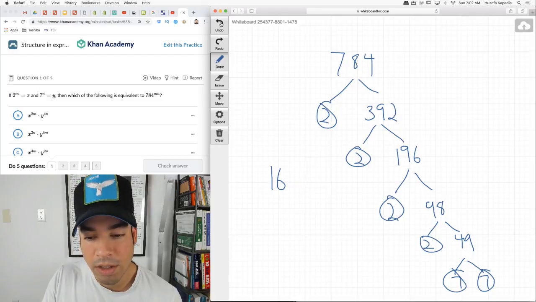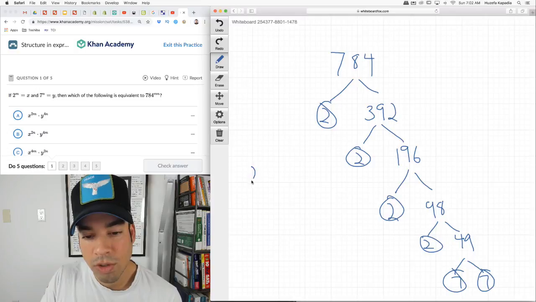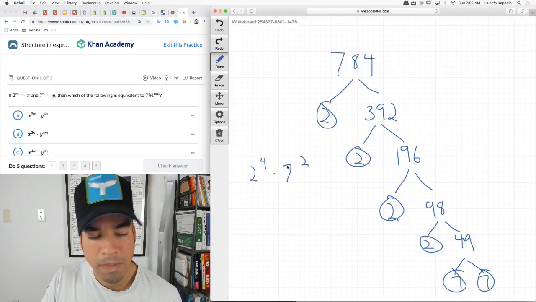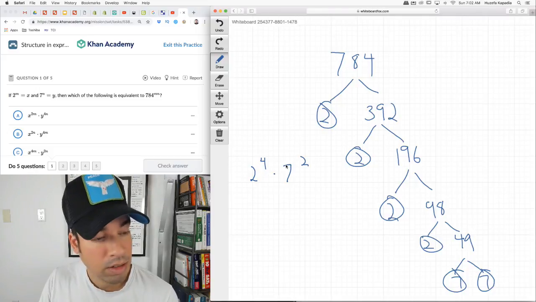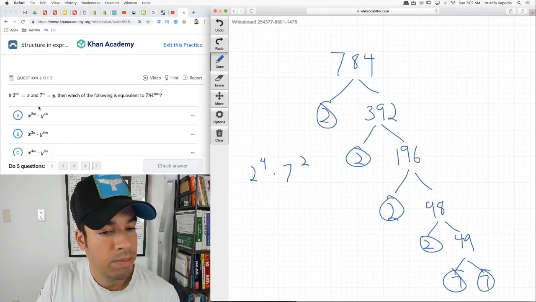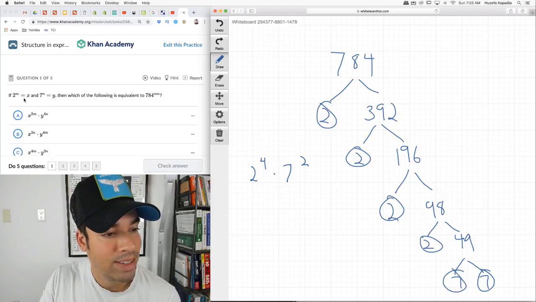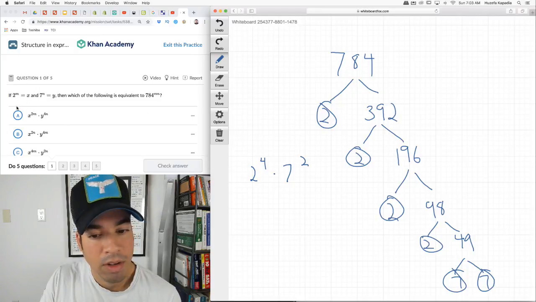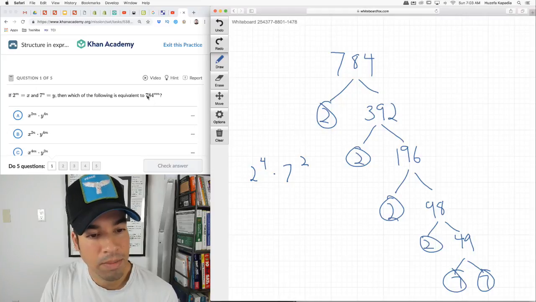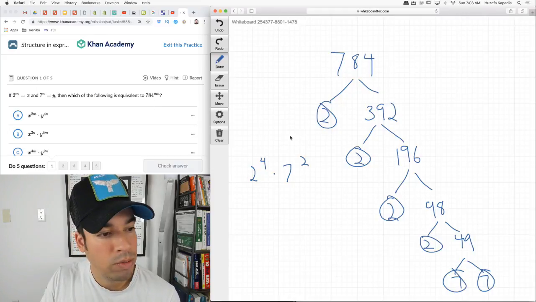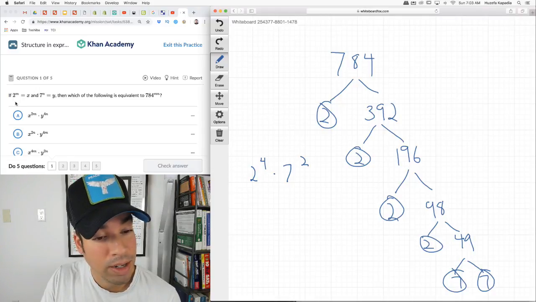Or we can write this another way. It's 2 to the 4th, right, times 7 squared. Okay. Now that we know that, so what would equal this, right? Well, since x equals 2m, and we're trying to get something along the lines of 784, really what we're talking about is we want 2 to the 4m power, right?